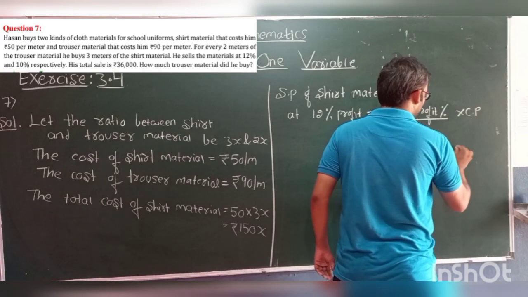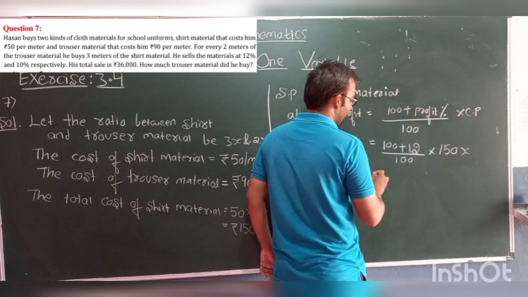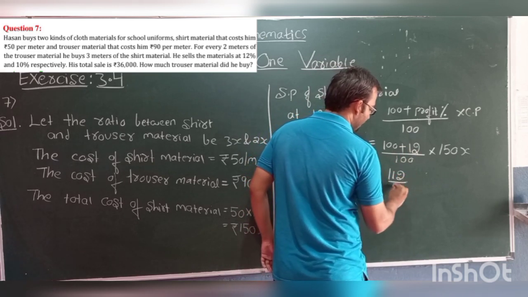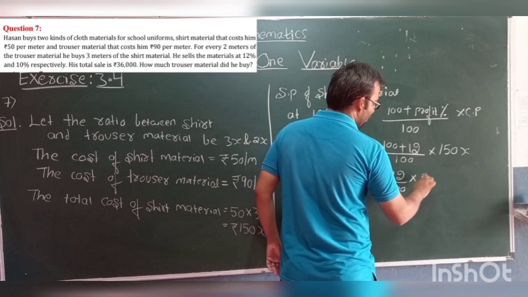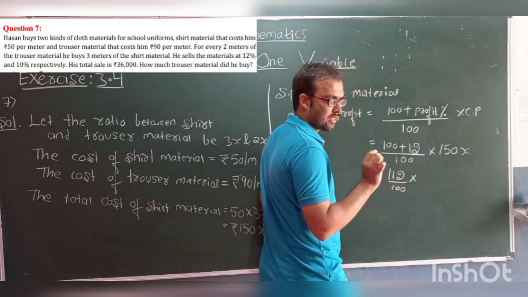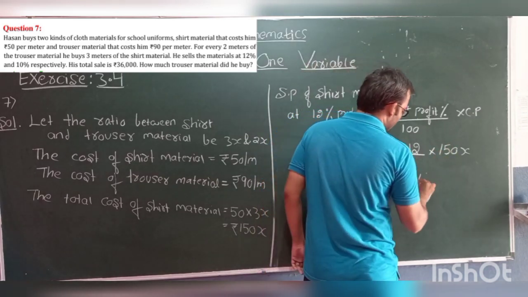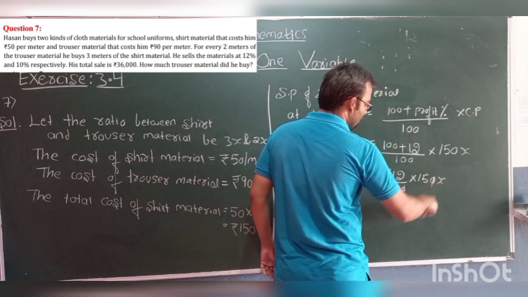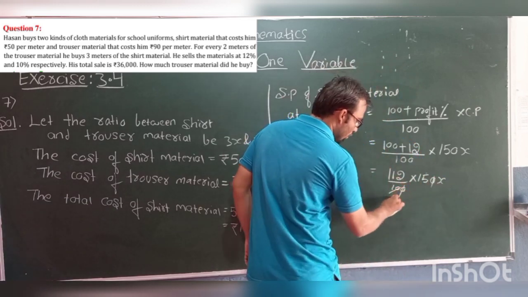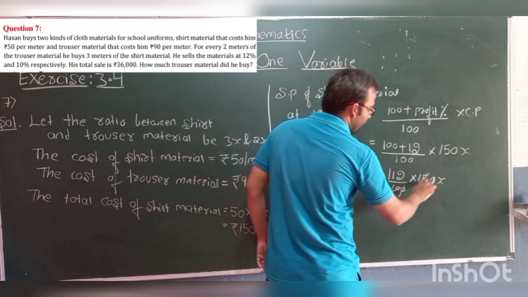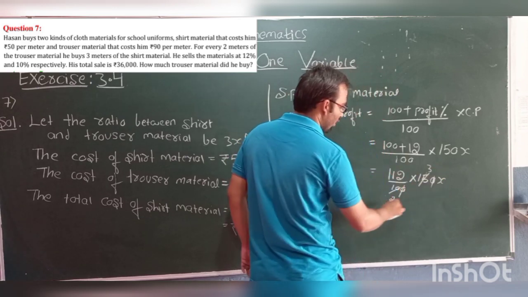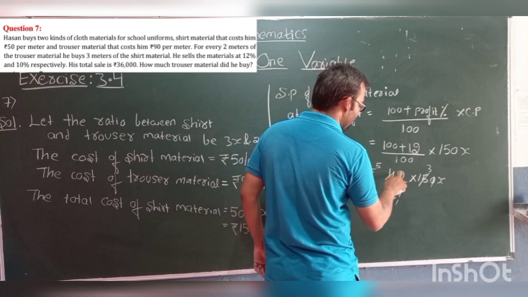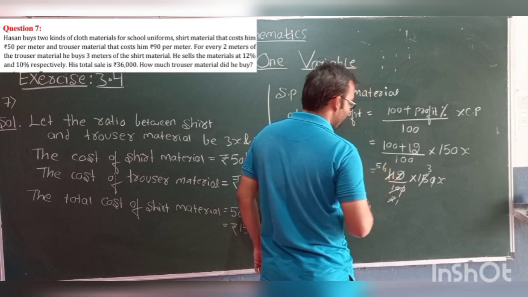Okay, so here 150x, 100 plus 12 will be 112 divided by 100 into, students, 150x is nothing but 150 into x. So you can cancel 0, 0. 5 2s are 10, 5 3s are 15, 2 1s are 2, 2 5s are 10, 1 remains, it will become 12, 2 6s are 12.